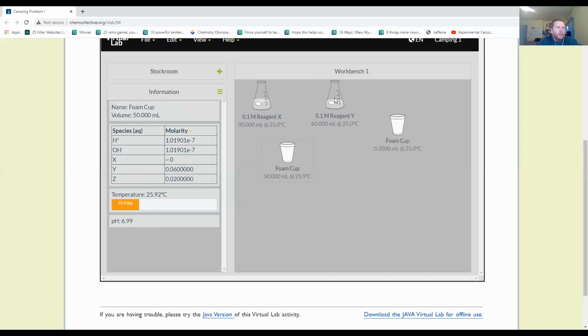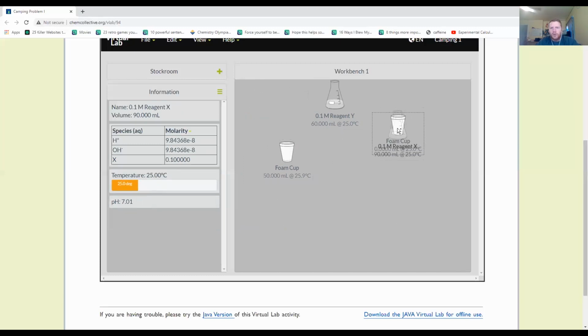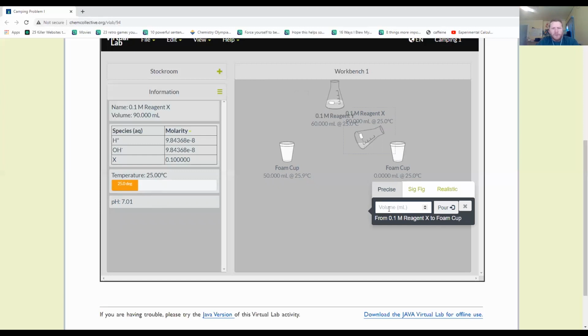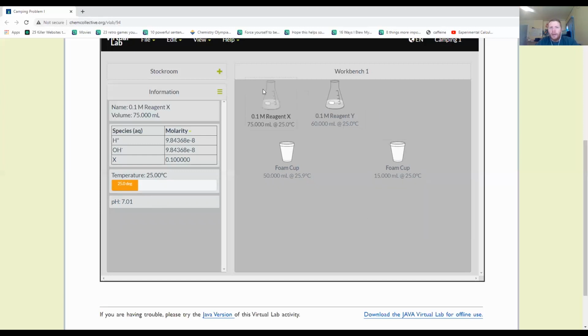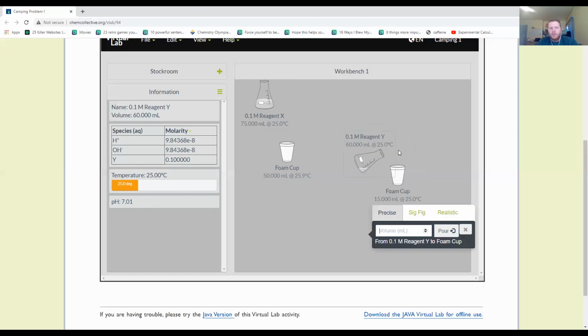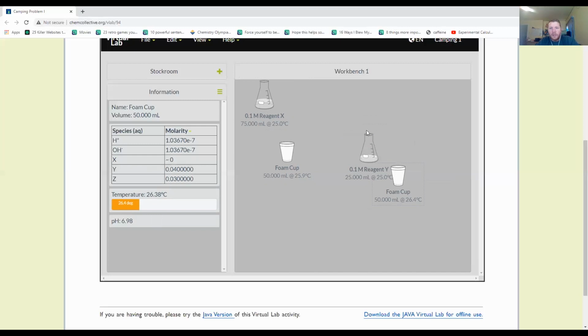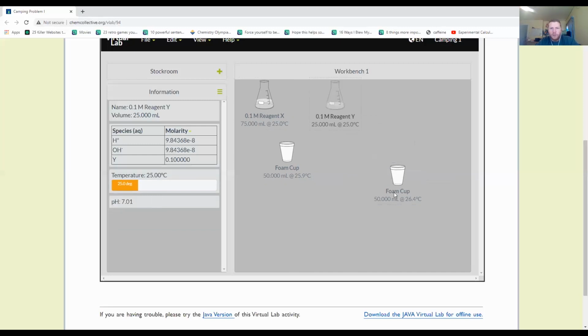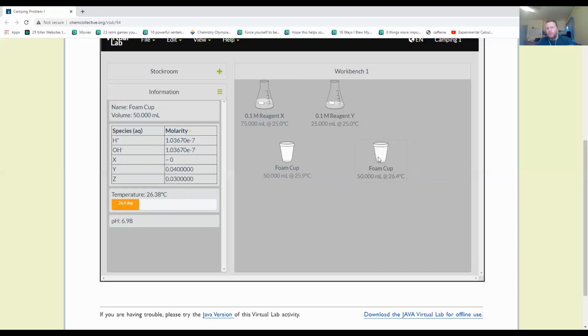Okay, now let's go to the next one. I've got 15 milliliters of reagent X, and to that I'm going to add 35 milliliters of reagent Y. Okay, so that gets me all the way up to 50 milliliters. So now I've got foam cup 1 and foam cup 2. They're not labeled, but my foam cup on the left-hand side is at 25.9 degrees Celsius, and the foam cup on the right is 26.4 degrees Celsius.